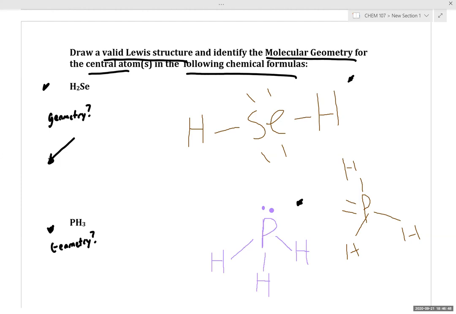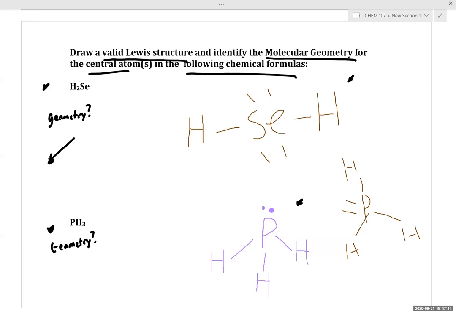Let's try to get some proposals for the molecular geometry for these 2 molecules, and we'll discuss momentarily, in about another 1.5 to 2 minutes. Professor, for the first one, I proposed the tetrahedral.